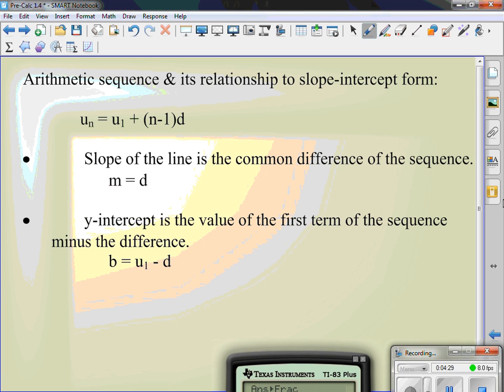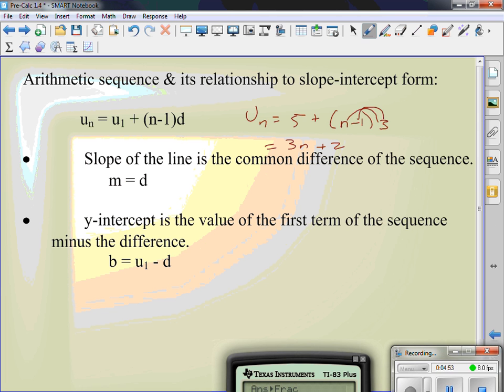If I just make up a random sequence and said the formula was u sub n equals 5 plus n minus 1 times 3. When I simplify this, I get 3n, well, it becomes a negative 3. 5 minus 3 is 2. That's explicit.